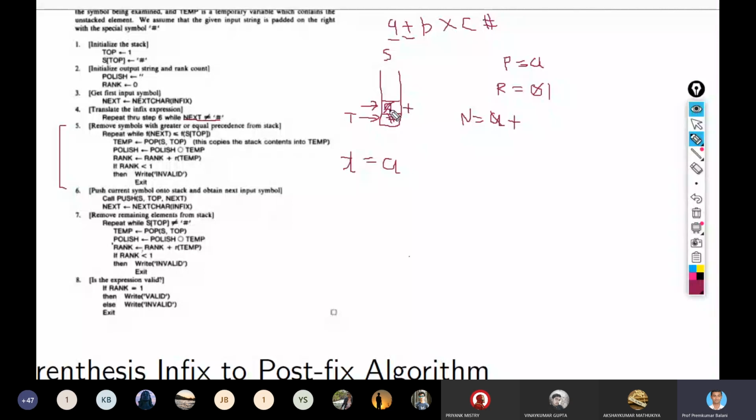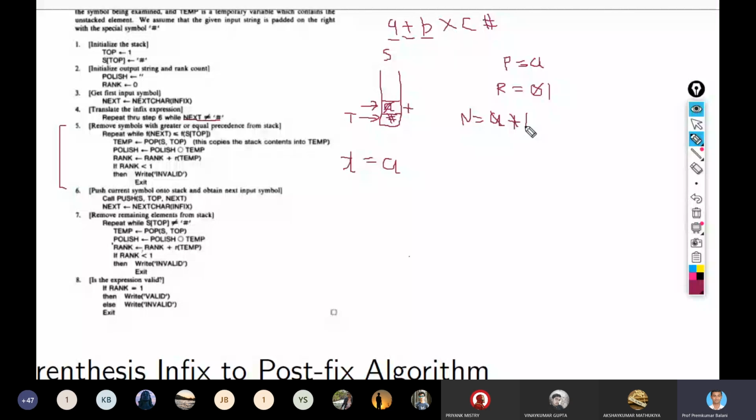Because I have checked a, in the position of a, plus would come. So now my stack has hash and plus, and top of stack is again 2. Then next is equal to the next character from the infix, that is b. So this plus will be overwritten and my next would be b.